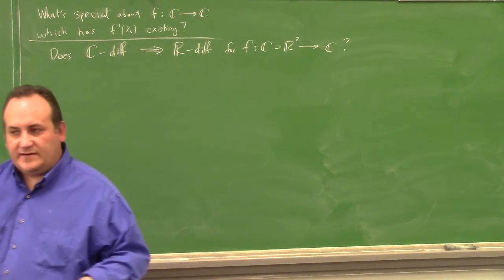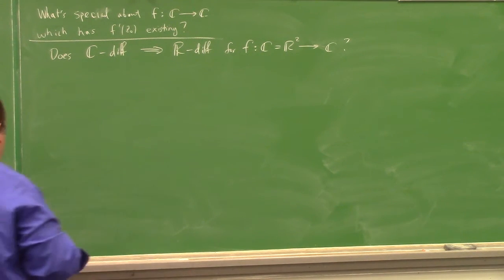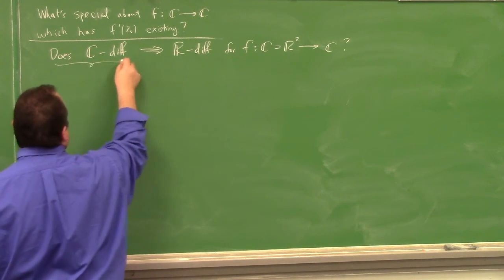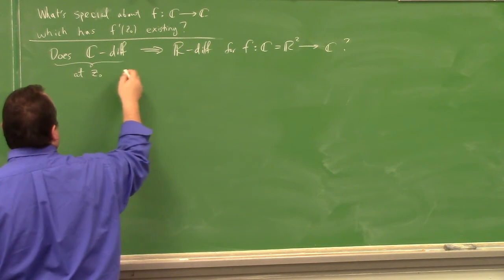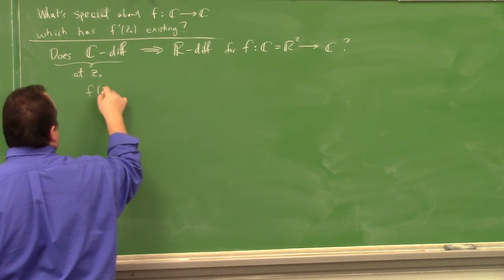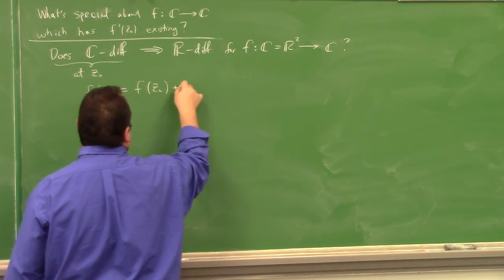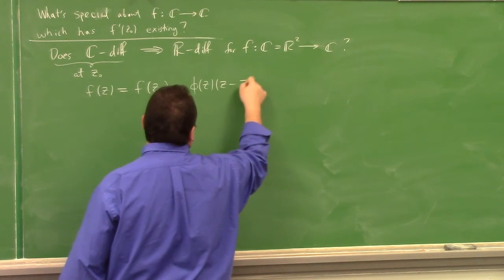So what was our criteria for complex differentiability? You guys remember? We can use the Carathéodory theorem, right? So complex differentiability, let's say at z naught, just for discussion, gives us that f of z is equal to f of z naught plus phi of z times z minus z naught.